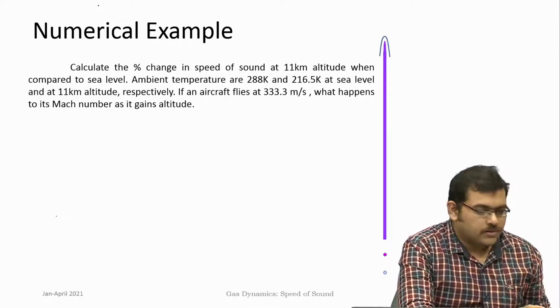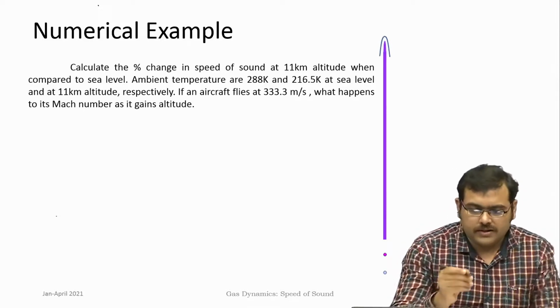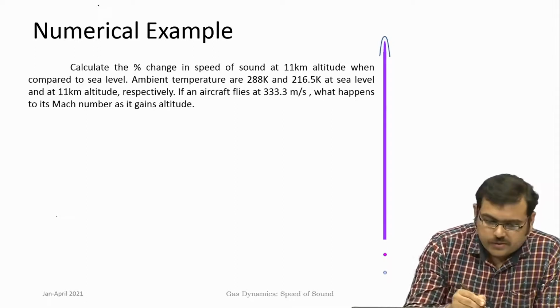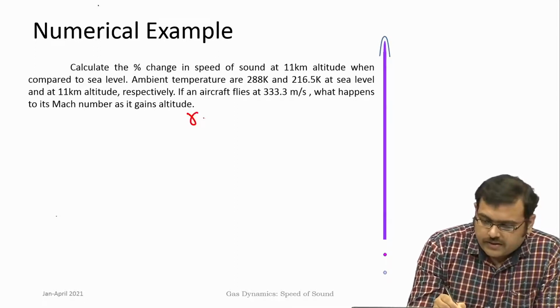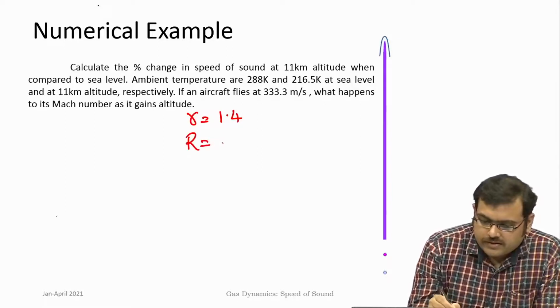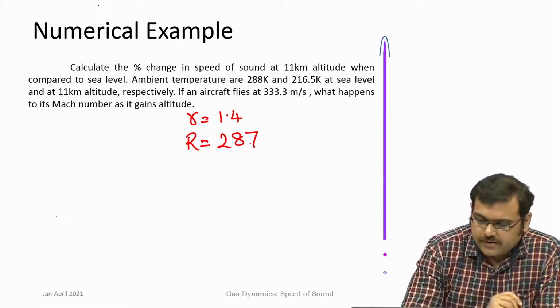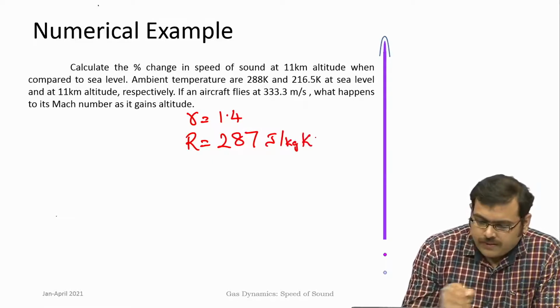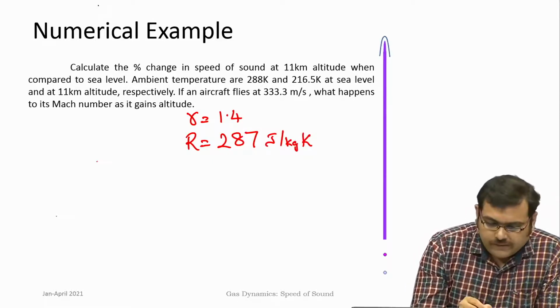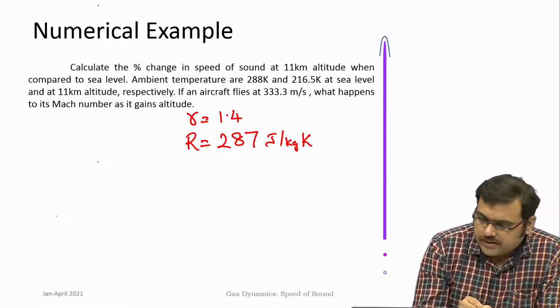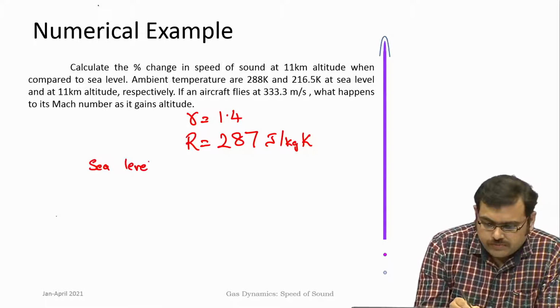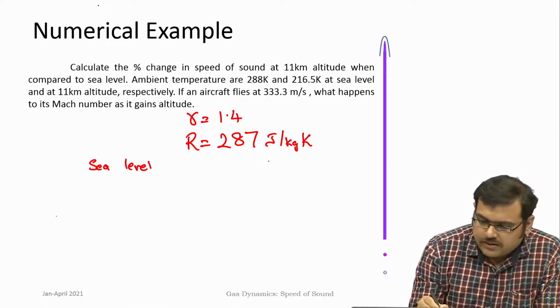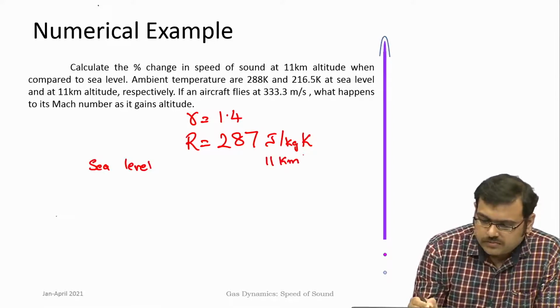So let us look at this. What is given here? This is air, so gamma is 1.4 and generally R is taken as 287 joules per kg Kelvin, and you have this at sea level and at 11 kilometers altitude.